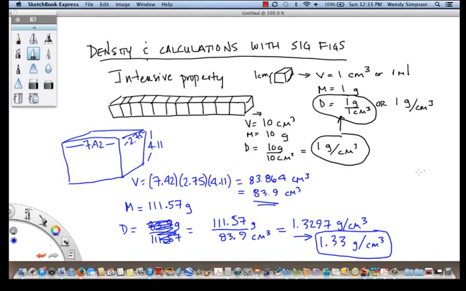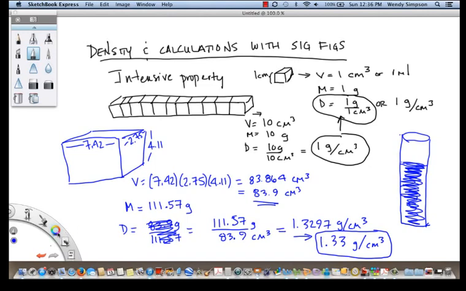Now suppose that we had a graduated cylinder full of water. I realize that this is getting a little cluttered. My graduated cylinder looks like the Leaning Tower of Pisa. There we go, we filled it with water. And what I want to do is put both of these substances in here.